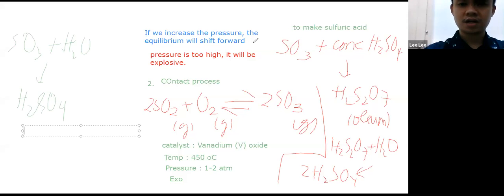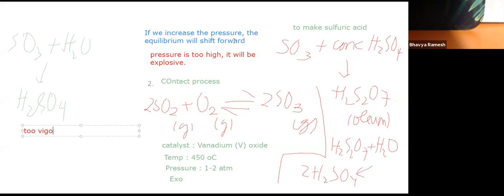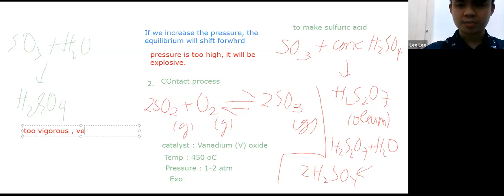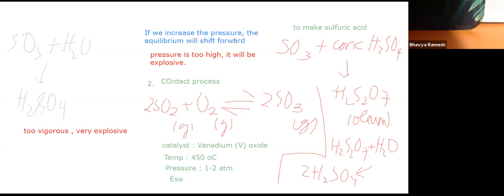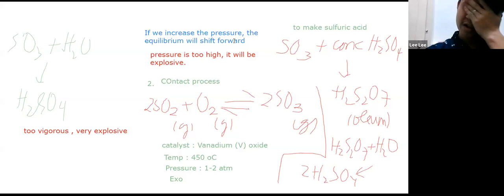The reaction is too vigorous, so it's very explosive. Usually in IGCSE, they ask you why we cannot add SO3 with H2O to give you H2SO4. If you do this in a big amount, like at factory scale, it will be explosive. But if you do it in a little amount, somehow it's still safe. For the factory scale, it cannot, it's explosive.